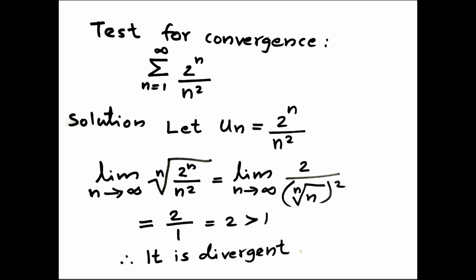That is equal to 2 by 1, since limit n tends to infinity nth root of n the whole square is 1. That is equal to 2. We know that 2 is greater than 1. Therefore, by root test, it is divergent.